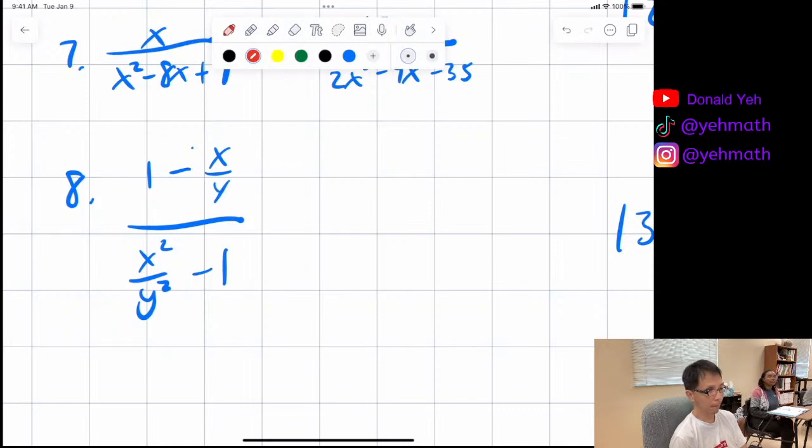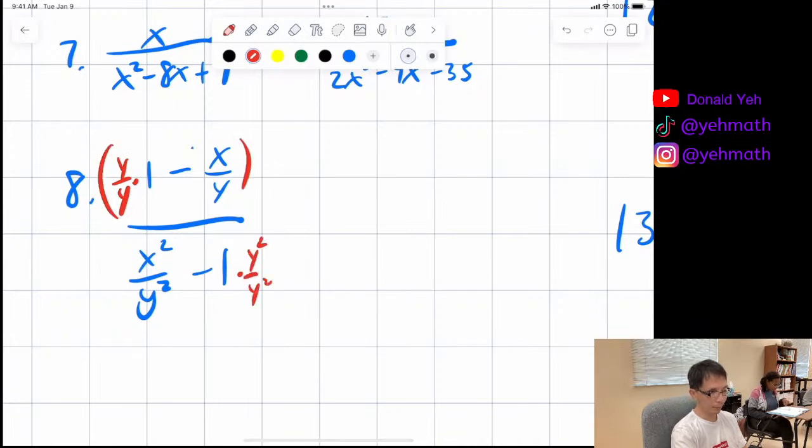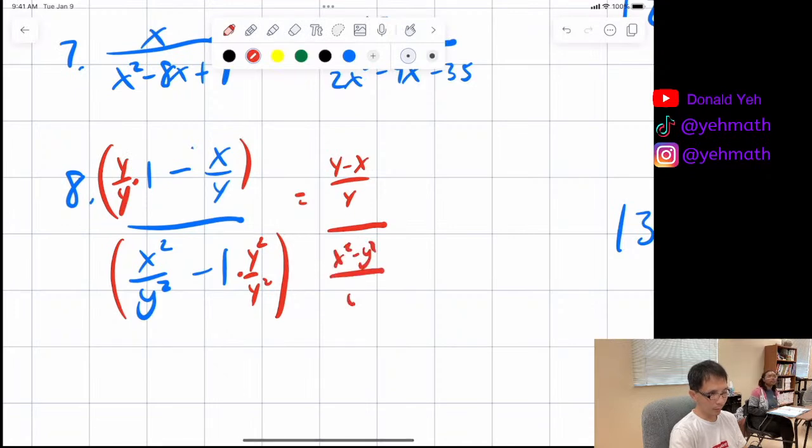I'm doing the 1 and the y over y. Y over y, good. The other one is the y squared over y squared. It seems about right. Just like you did the subtraction, so y minus x over y. Doing good. And that over x squared minus y squared over y squared.